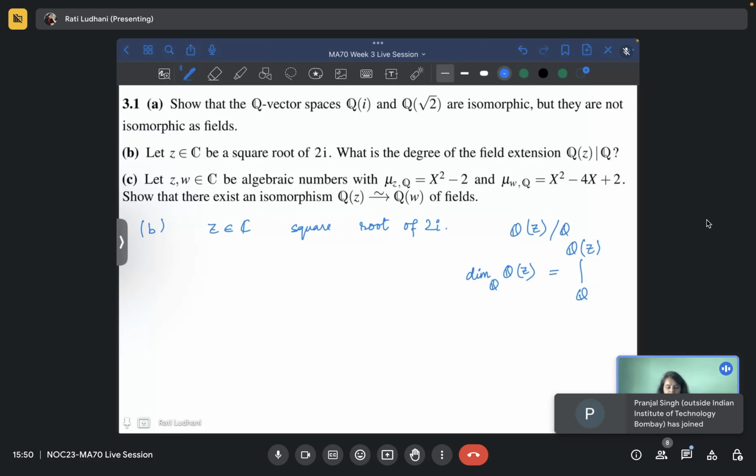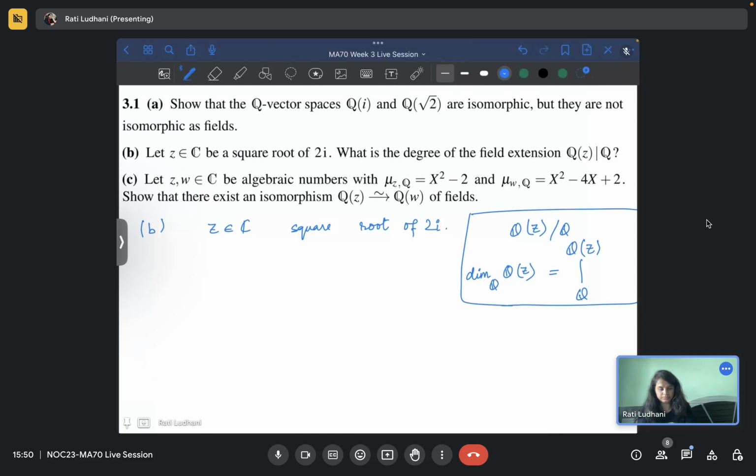So z belongs to C, a square root of 2i. What should we do here? Can anyone tell me how I shall proceed? Let's think what is the square root of 2i.